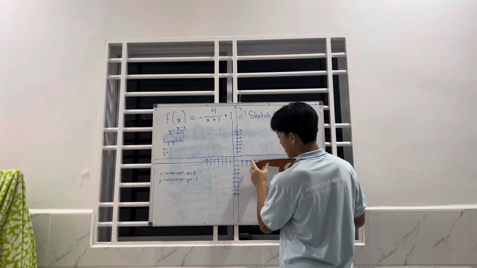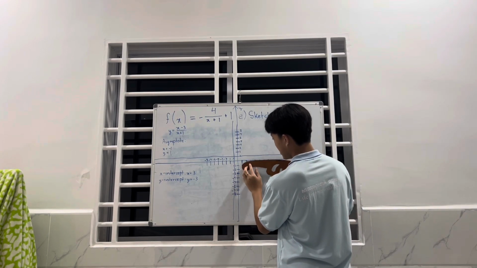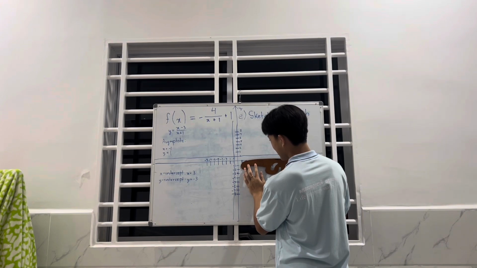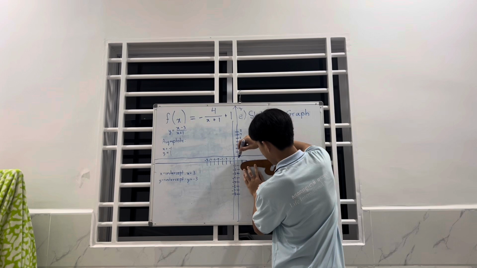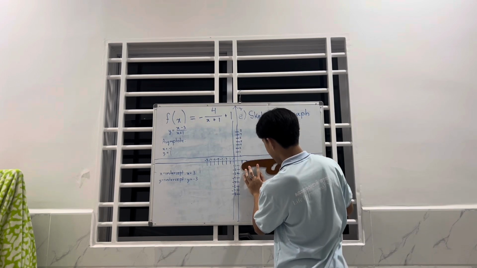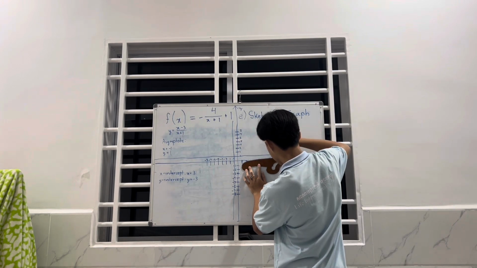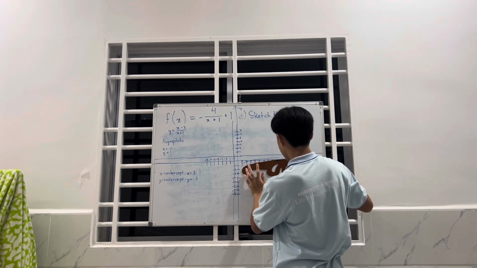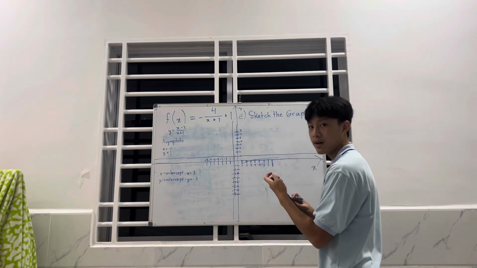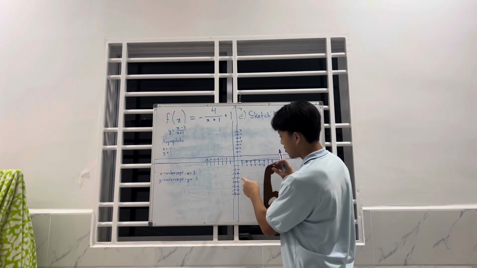So now 3 is here. I'm going to do it like this. And draw. Now you want to flip it to the other side, which is here.